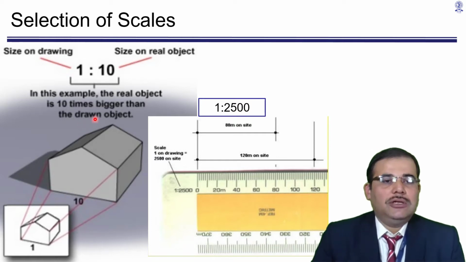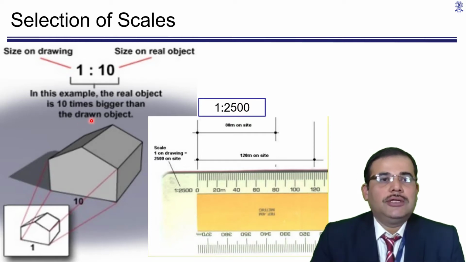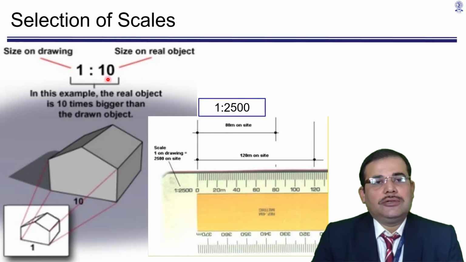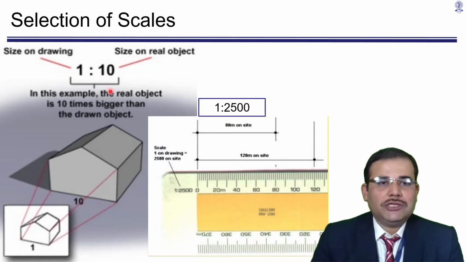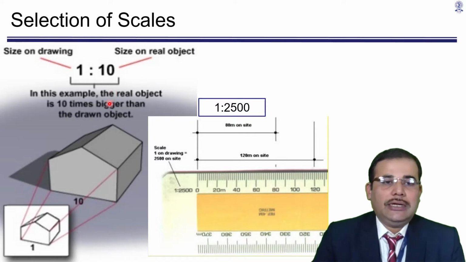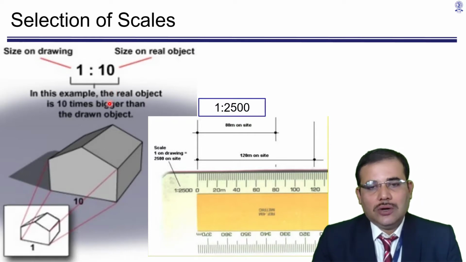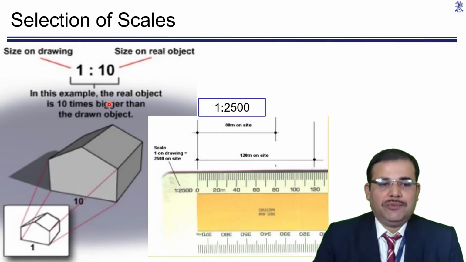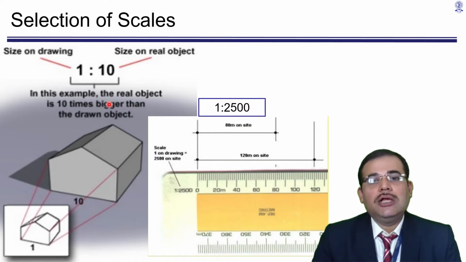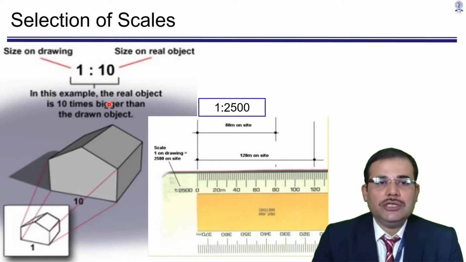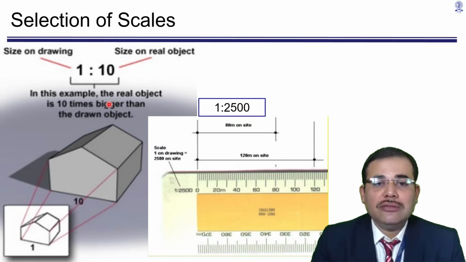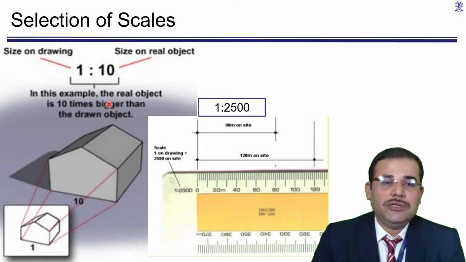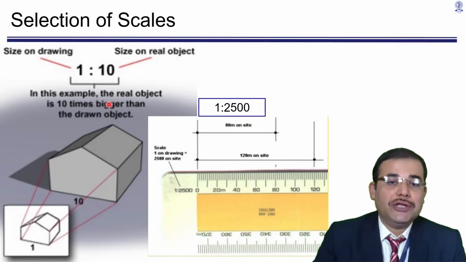Now take an example as shown in this slide. Here the scale 1:10 has been elaborated. Now what is the meaning of scale 1:10? That is 10 units on ground will be equivalent to 1 unit on paper. Means, for example, if my room dimension is 10 meter, then on paper it will be equal to 1 meter.